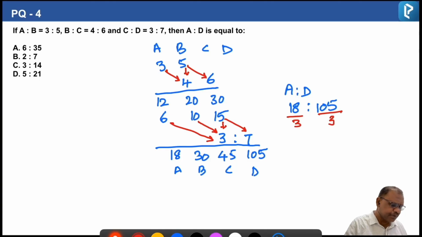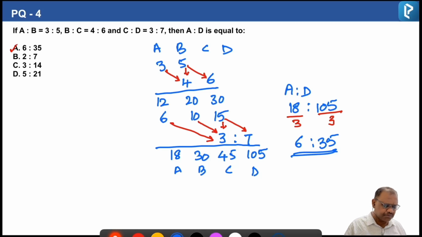So if you divide both of them by 3, 18 divided by 3 is 6. 105 divided by 3 is 35. So this is A is to D. Out of the given options, A is the right answer.